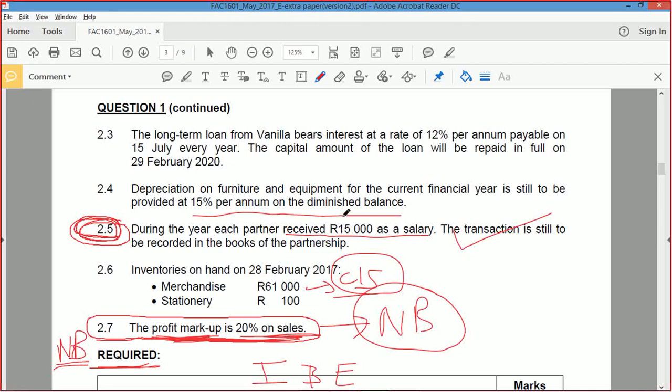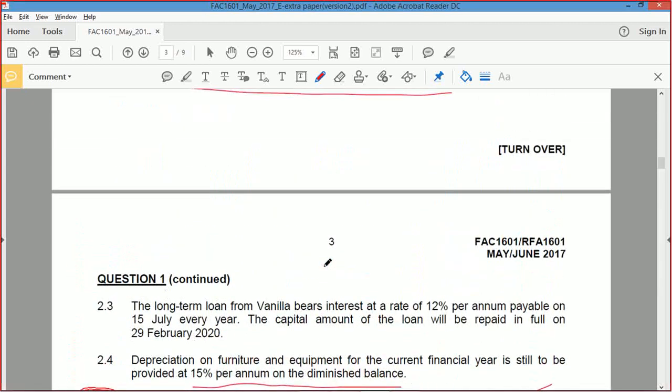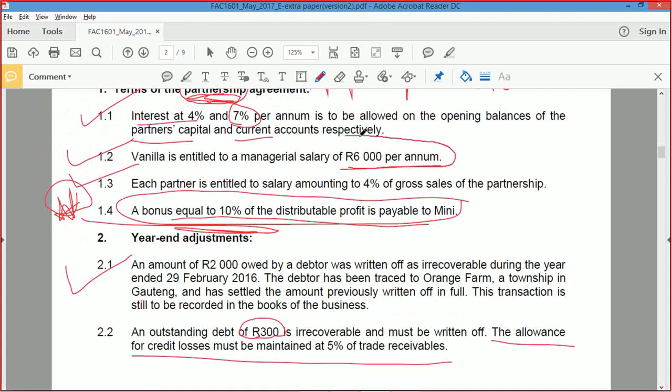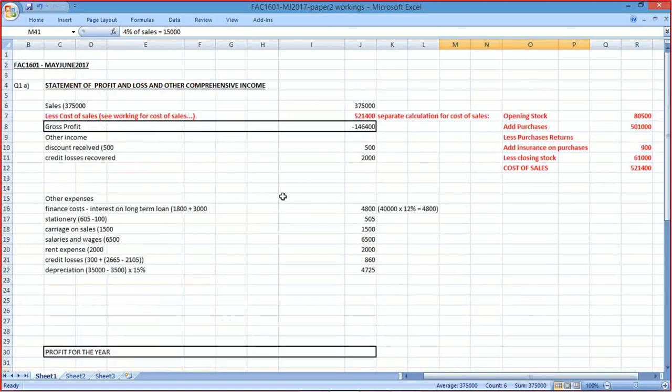I don't like the way they've worded this question, because is this 15,000 for the year or per month? It's not very clear. You could maybe assume it's for the year, because earlier we had 6,000 per year. So it's difficult to determine if this is for the year or not.